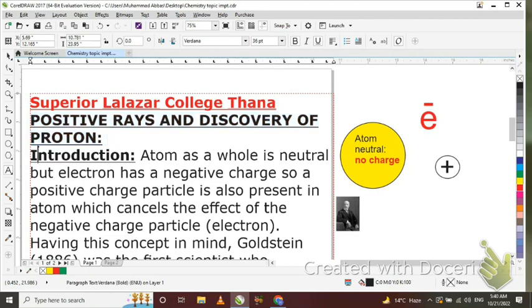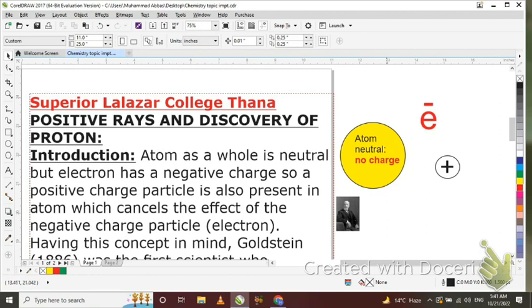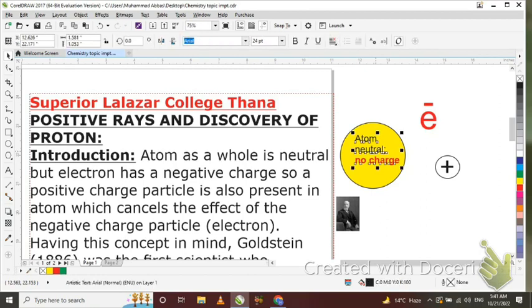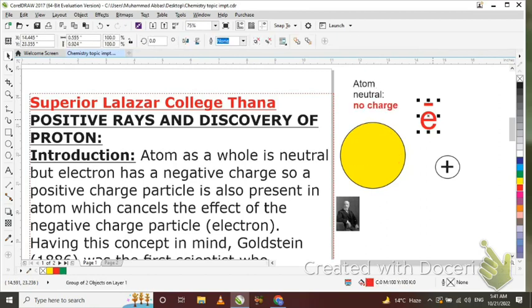First, introduction. Atom as a whole is neutral, but electron has a negative charge, so a positive charge particle is also present in atom, which cancels the effect of the negative charge particle.